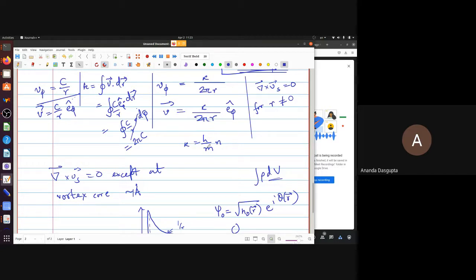So circulation per vortex would typically be close to the lowest possible value. It can, of course, be zero, but kappa typically is of the order of h by m. Higher order excitations, 2h by m, 3h by m, hardly ever occur because that takes a lot of energy.